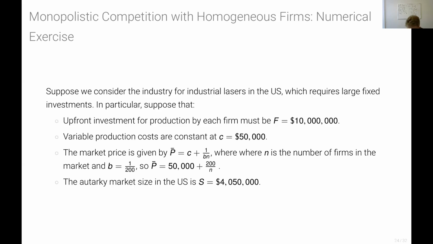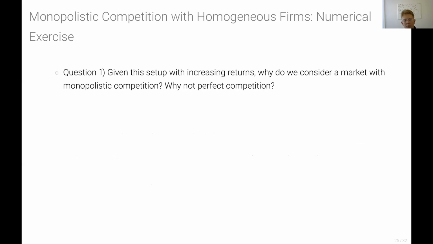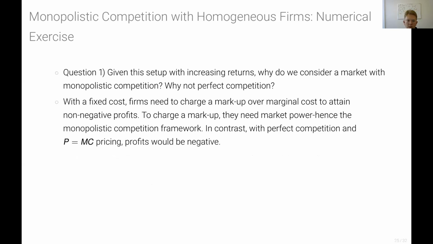it's covering exactly what the marginal cost is to make that, but it's not covering the fact that it needs to spend $10 million up front, regardless of how much it's going to sell, to buy the machines used to make lasers. And so we might think that we need to have monopolistic competition, because we need firms to be able to charge a price such that they're covering their initial fixed cost.